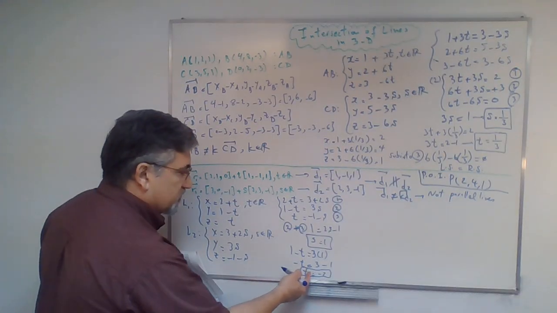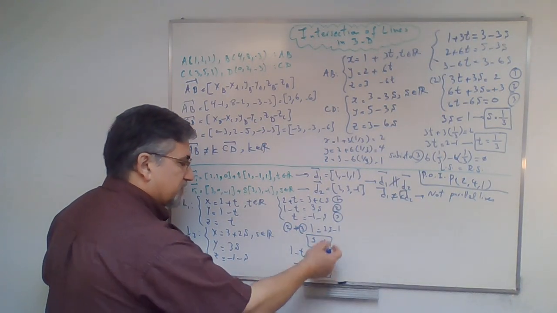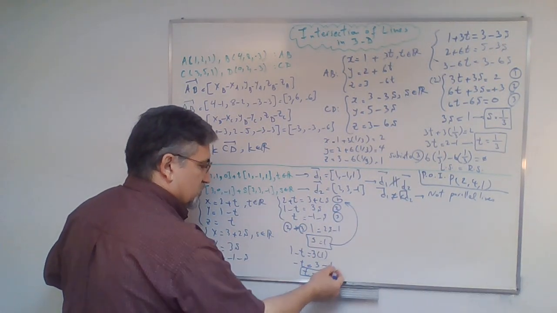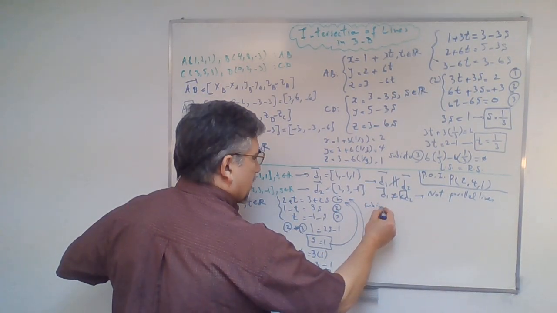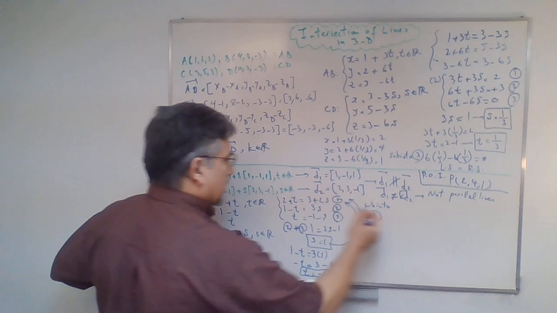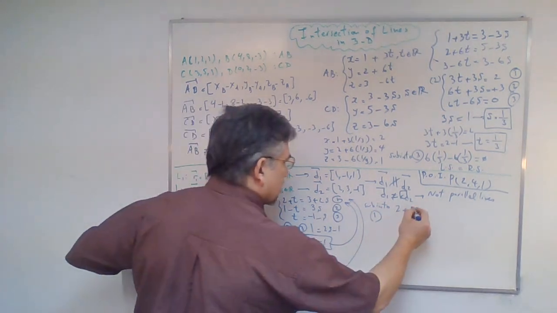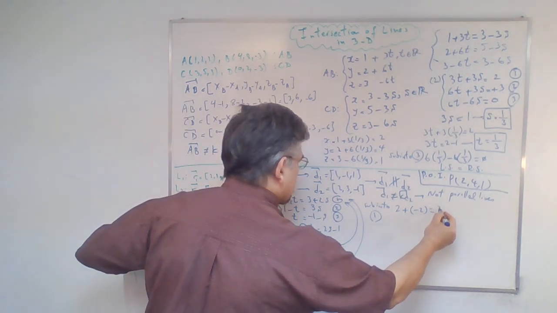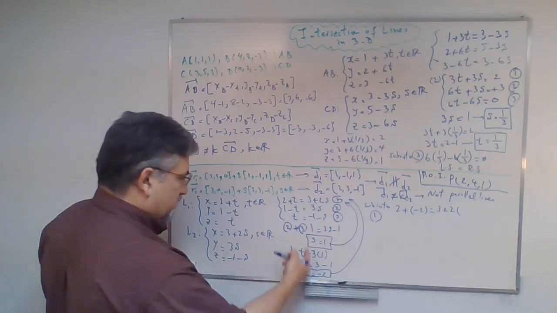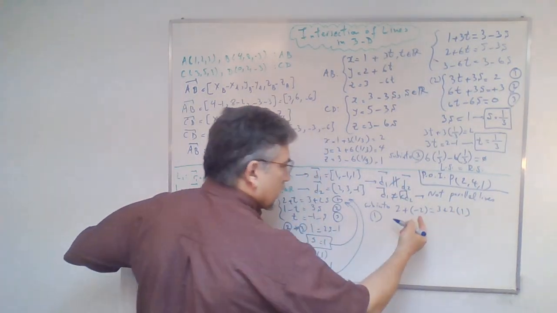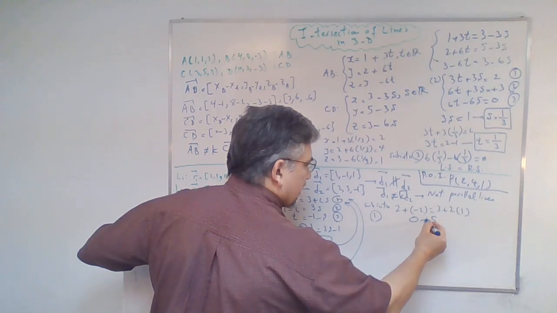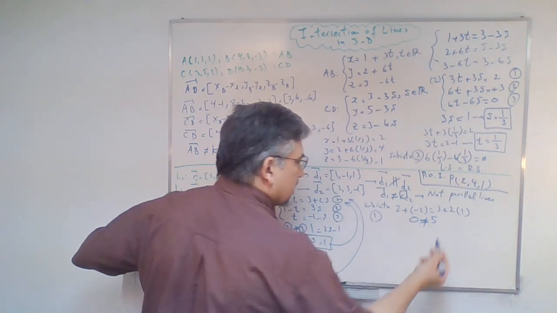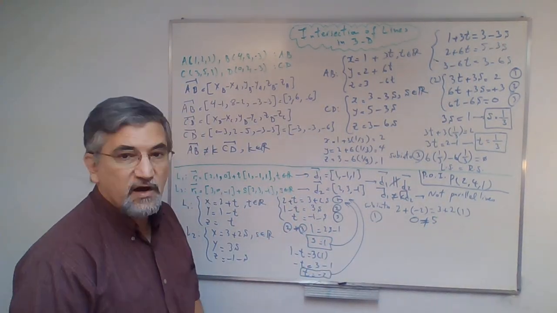So now we have to grab these and substitute in the first equation that we never used. Okay, so sub into equation 1, so 2 plus t equals 3 plus 2 times s, which is 1. So the left side becomes 0, the right side is 5. And anybody in the universe knows that 0 is not equal to 5.